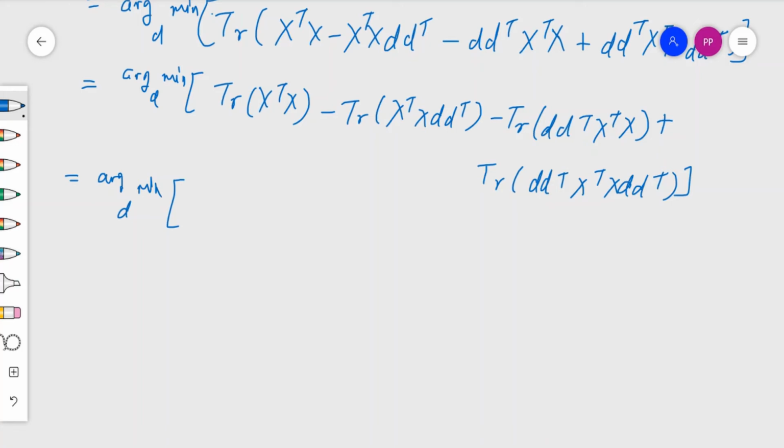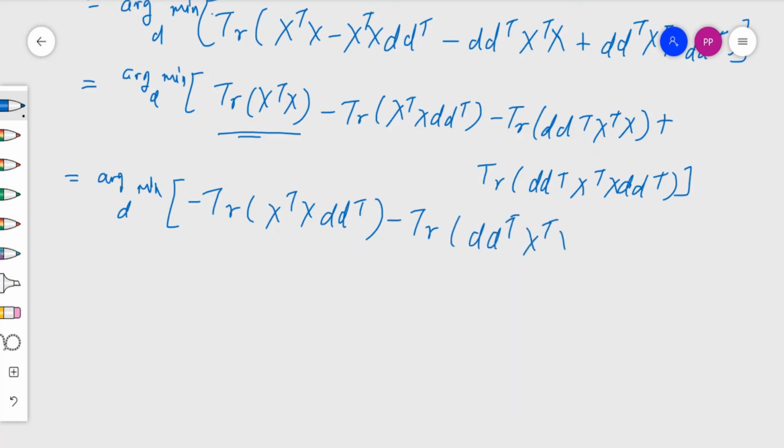Here I will take into account that x transpose, once we go for gradient over the argument D, this term will give the 0 result, so we eliminate it right now. So therefore I can write minus trace, second term will be x transpose x D transpose. Then the next term is as it is, minus trace of D transpose and x transpose x, plus.